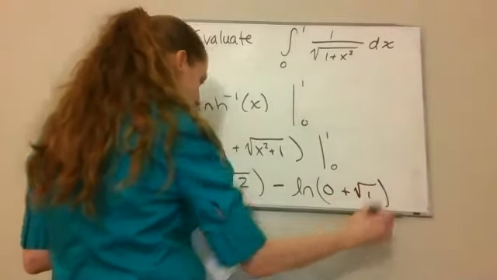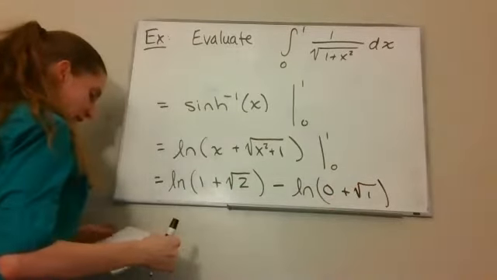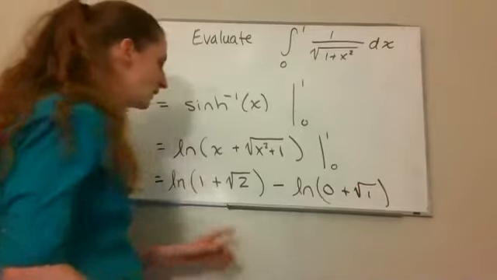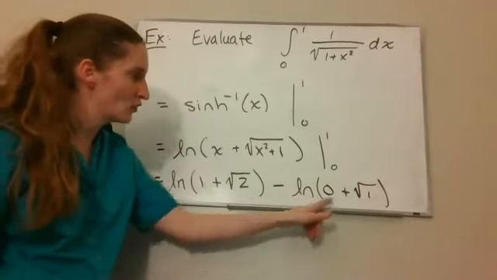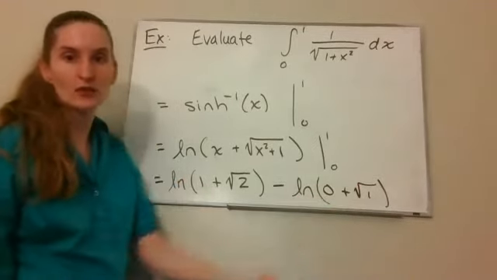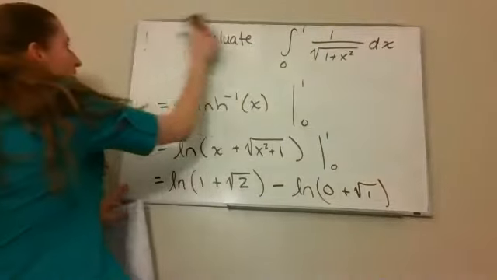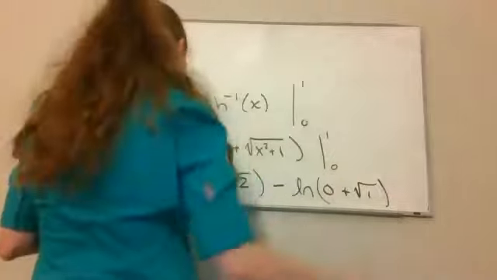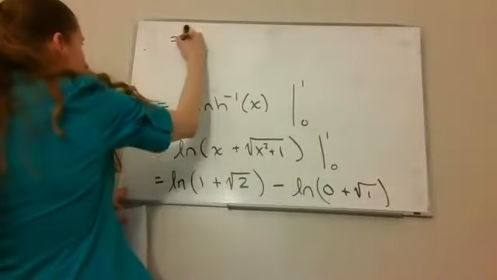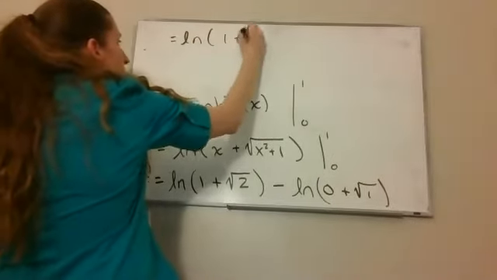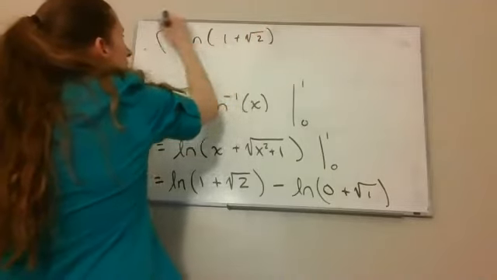That's the square root of 1. And we can simplify this a little bit because over here, this is natural log of 1. Natural log of 1 is equal to 0. So my final answer, simplified as much as I can get, is just natural log of 1 plus the square root of 2.